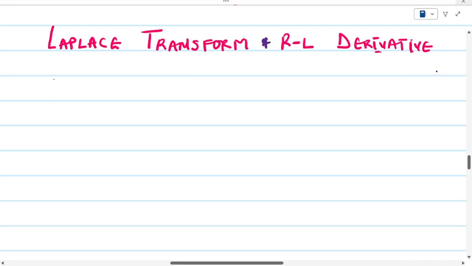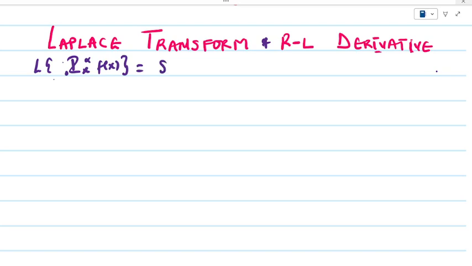Today we'll be checking the Laplace transform of the Riemann-Liouville derivative. In our previous class we checked the Laplace transform of the Riemann-Liouville integral, whereby the Laplace transform of the Riemann-Liouville integral is equal to s to the power minus alpha times the Laplace transform of the function of x.